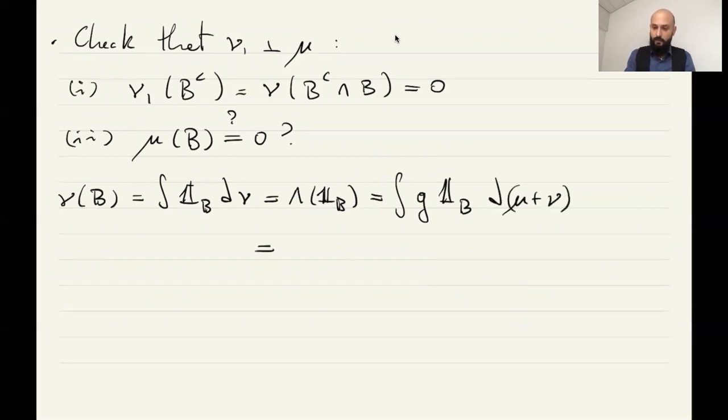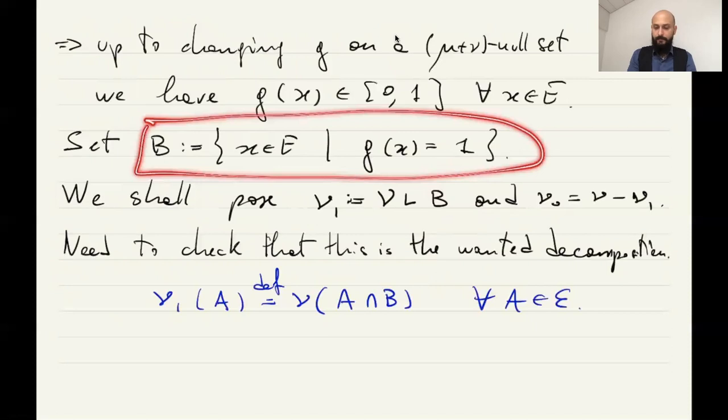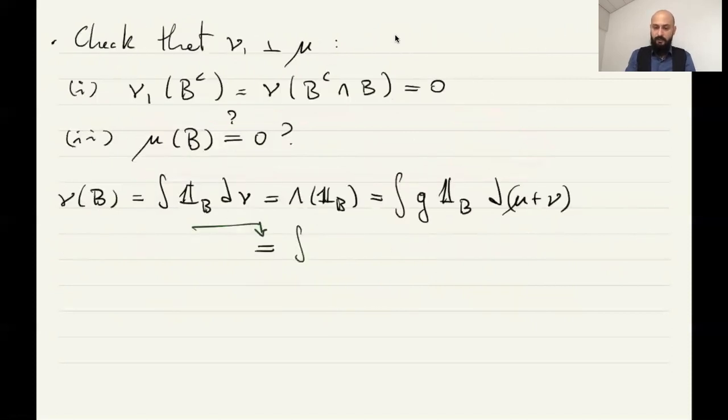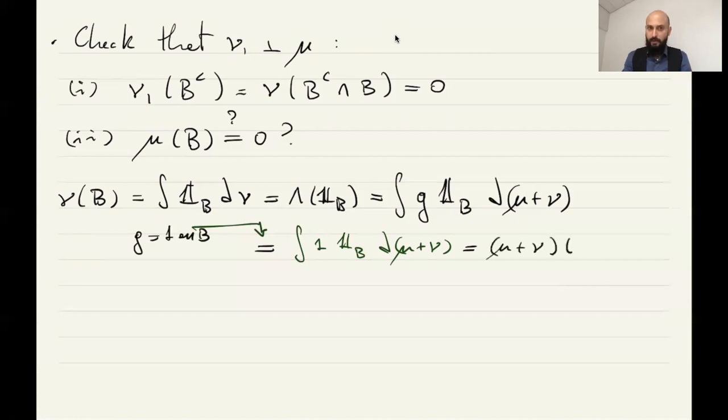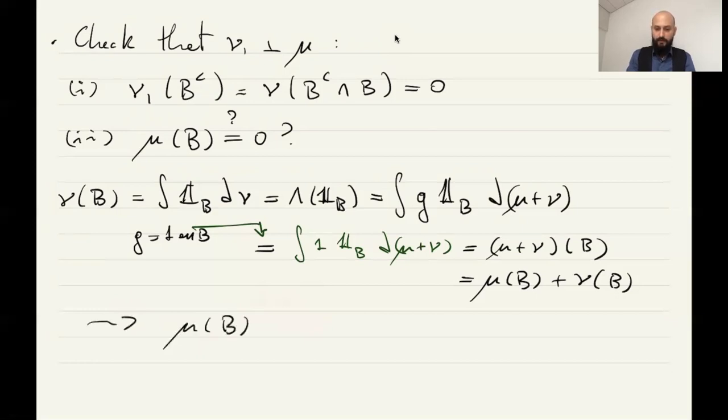Now, we use the fact that outside B this is 0, but on B, g is by definition equal to 1. And therefore this is equal to the integral of the characteristic of B in d mu plus nu. So this is equal to the measure mu plus nu of B, which is mu of B plus nu of B. So now we delete nu of B, and we have that 0 is equal to mu of B. Okay, so mu of B is equal to 0.